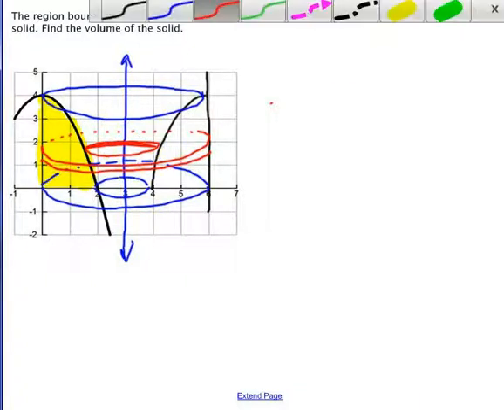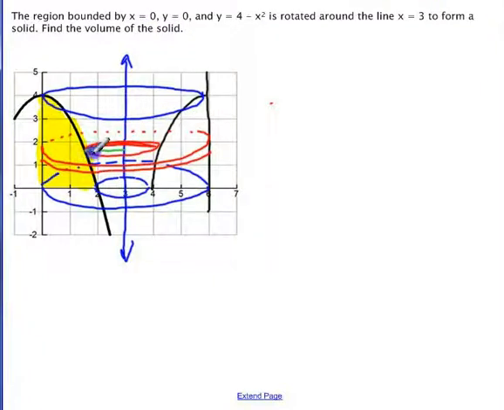My inside radius is measured from the axis of rotation back to the original area. And you'll notice that that's going to be, let's see, 3 minus x. Because from here to here is x. From here out to here is 3. So this piece is 3 minus x.